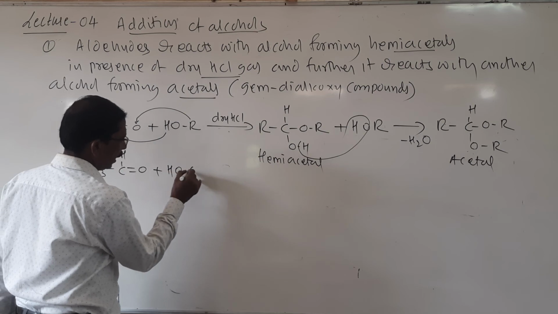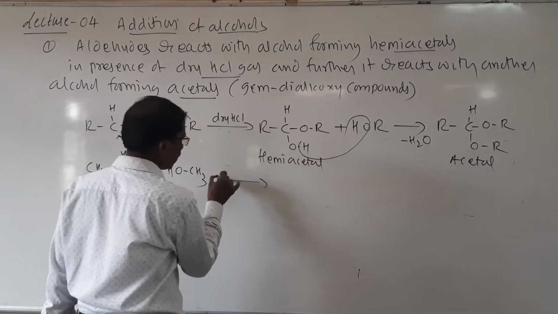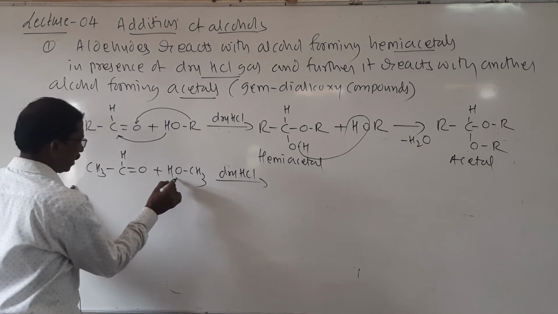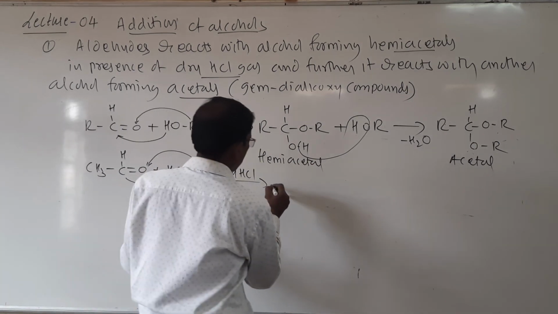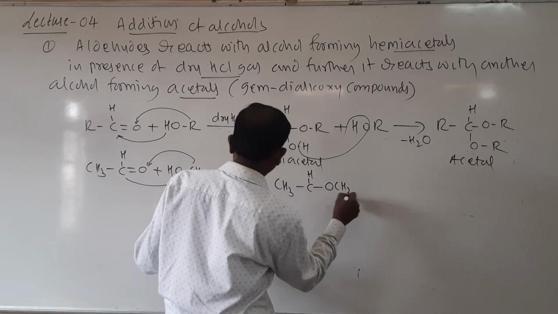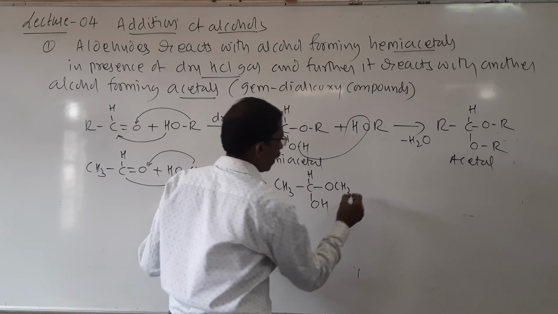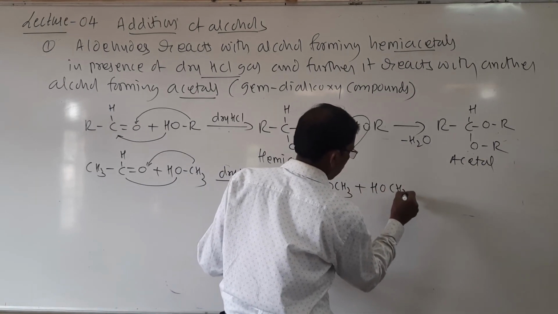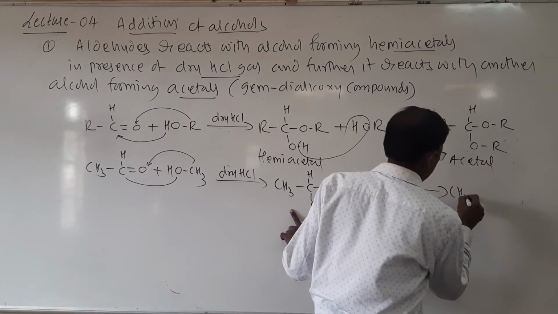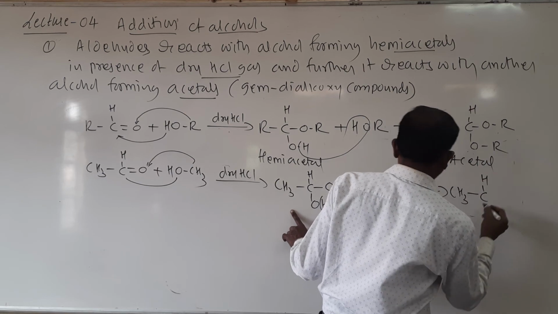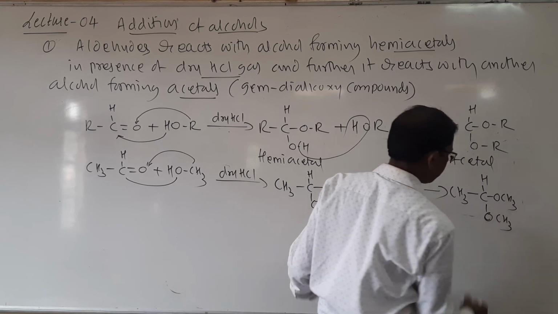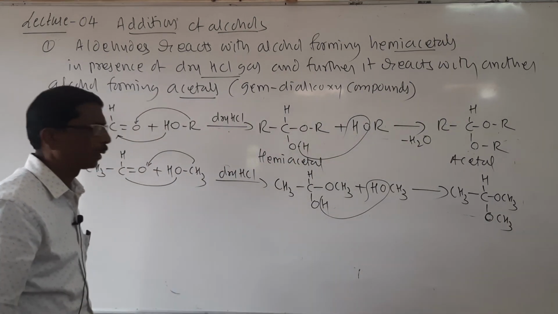If methyl alcohol is taken, then in presence of dry HCl, this OH is attached here and CH3 attached here, it forms CH3 CH, OCH3, and OH. And again it reacts with another methyl alcohol, and water is removed here, and then it forms CH3 CH, OCH3, and again OCH3. So it is the compound here.